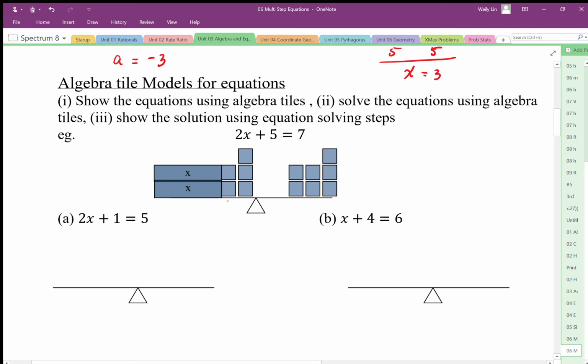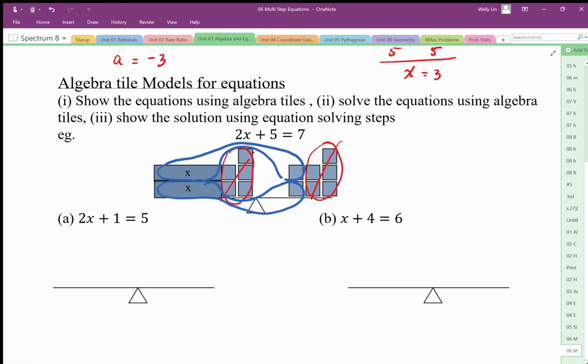I can take 5 off of this side, take 5 off of this side, and notice that it's still physically balanced. If I want to get rid of the two groups of x, I can regroup this one with x, this one with x, and I can see that then x is equal to 1 square.